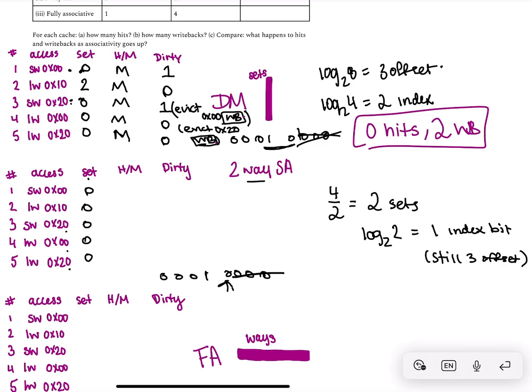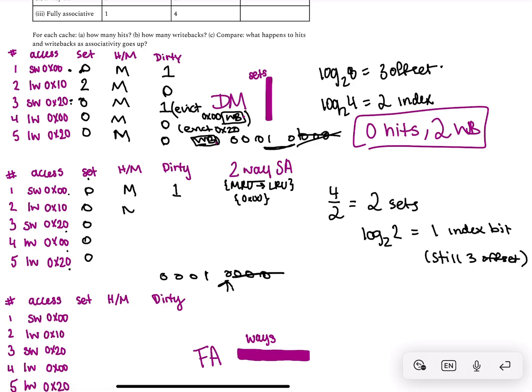So let's go ahead and store word 0x00 first. It's not there, so we miss. We're storing word, so dirty bit is 1. And in this column, I'm going to indicate our most recently used to least recently used. So we start out with just having 0x00, and that's going to be our most recently used.